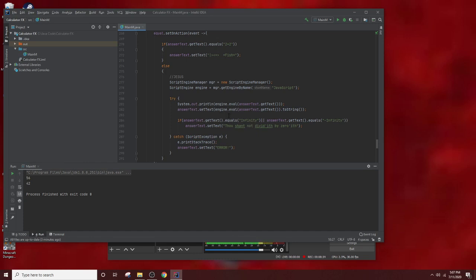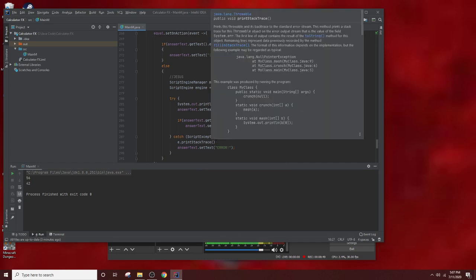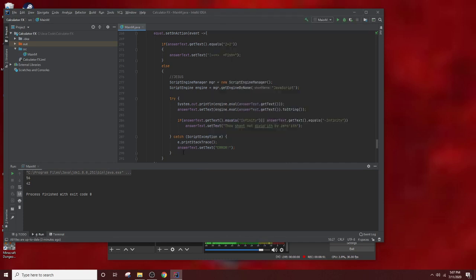This is actually setting the answer text to the text, which could fail, and if it does fail, it catches the exception. I'm not quite sure of the exception, but it's what it wanted. And answer text is just set to error, because this handles it very easily. That's about it. So, bye-bye.